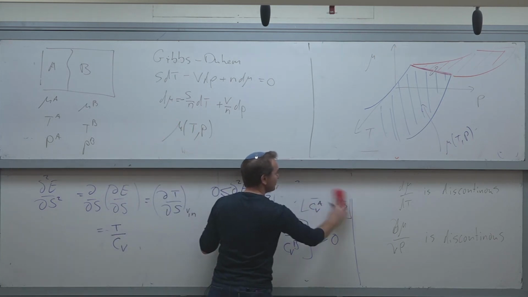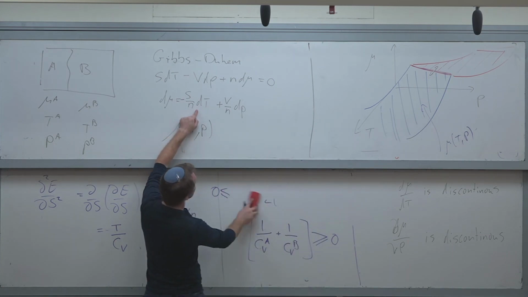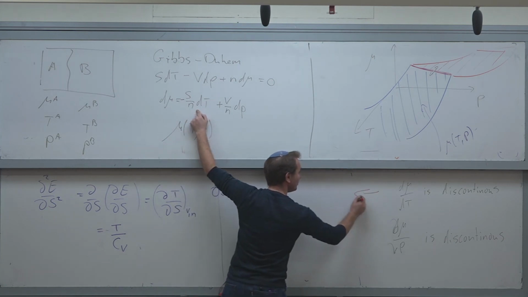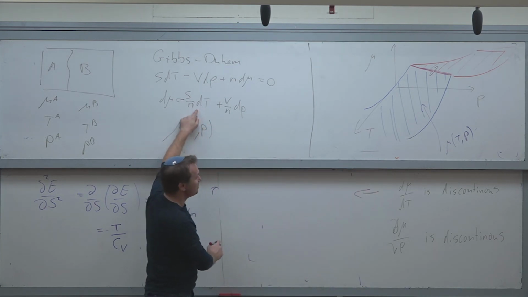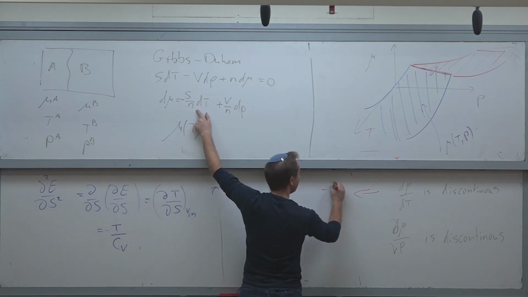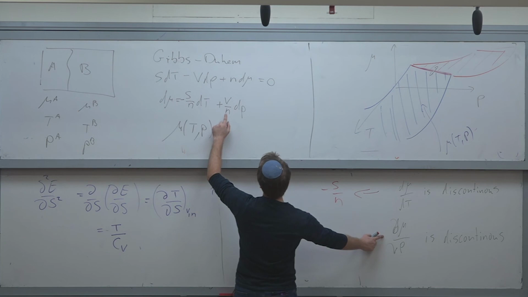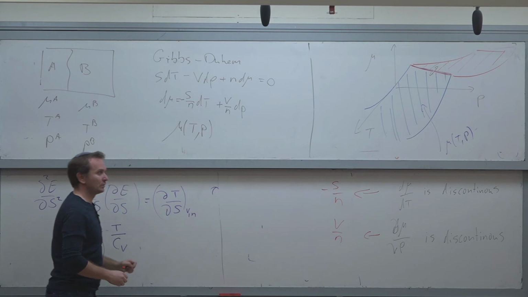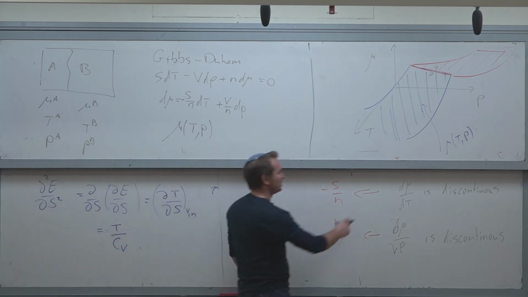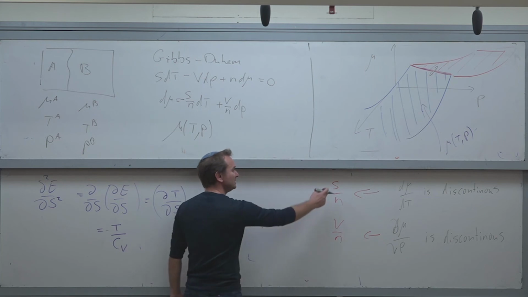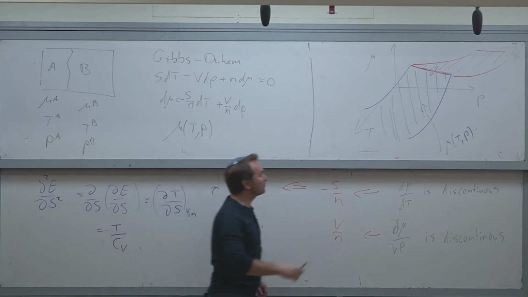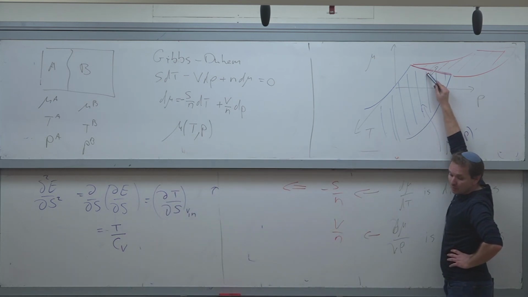d mu to dt, according to this equation over here, equals minus s divided by n. d mu to dp equals v divided by n. So discontinuous d mu to dt means discontinuous s divided by n. When I'm going from this point, I'm having a specific temperature, a specific pressure.